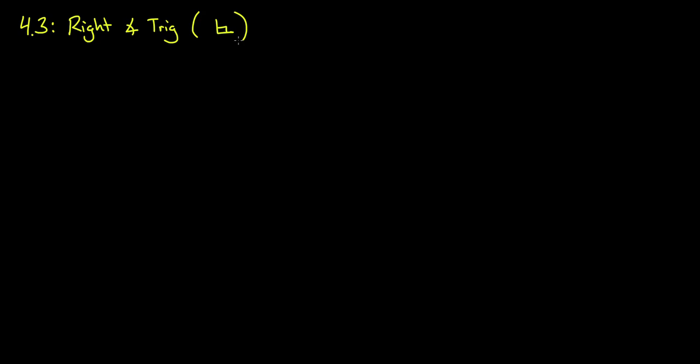Right off the bat, we're just going to make a couple comments. Today we are in quadrant 1. We have an angle theta that exists in, that's what that symbol means, quadrant 1.